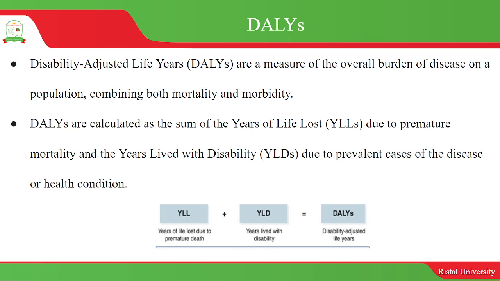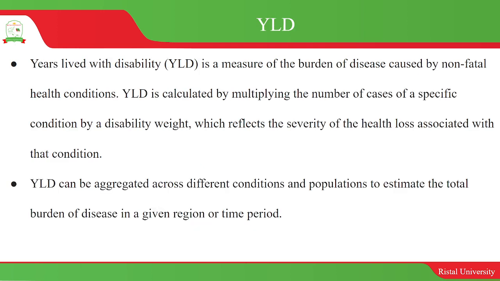So we look at what years lived with disability means. So you get a chronic illness. This chronic illness will affect your quality of life. So if, for example, you get an accident and then you get a fracture, if you're working, you may not be able to work again.